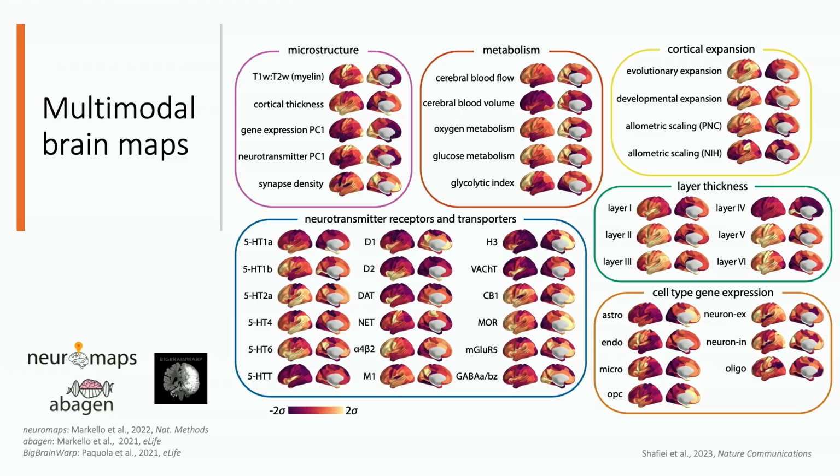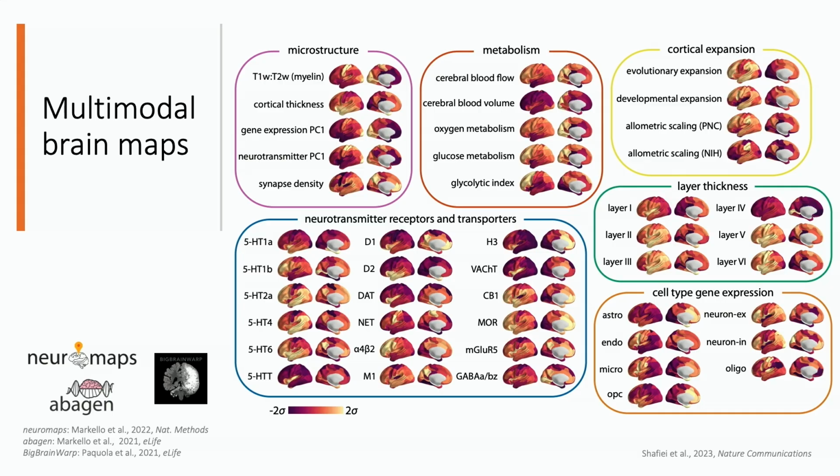And I've been railing before against the use of hand-picked measures of characterizing dynamics, but then again, I've been talking to you about the use of hand-picked measures for characterizing brain microstructure. Well, not anymore, because in this updated version of the work, Dr. Shafiei used more than 40 different brain maps pertaining to neurotransmitter receptors and transporters, but also different layers, cell types, and then metabolism, different axes of cortical expansion, as well as different quantifications of local microstructure.